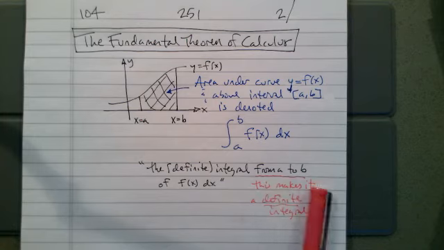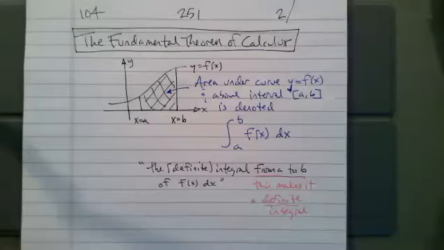So if we're going to say from a to b, we can kind of leave off the definite part because it's very clear that it's a definite integral from a to b. But since we're new, we have to say definite integral. All right.